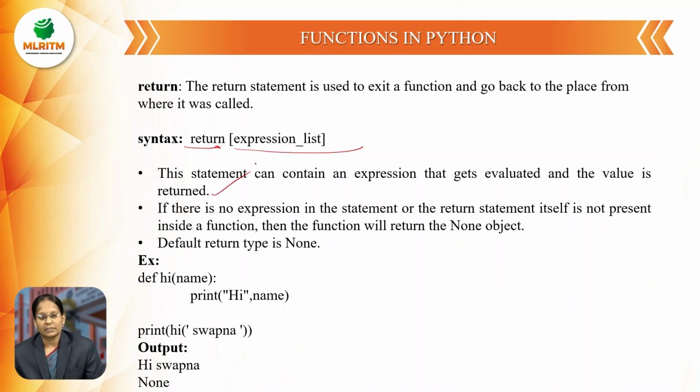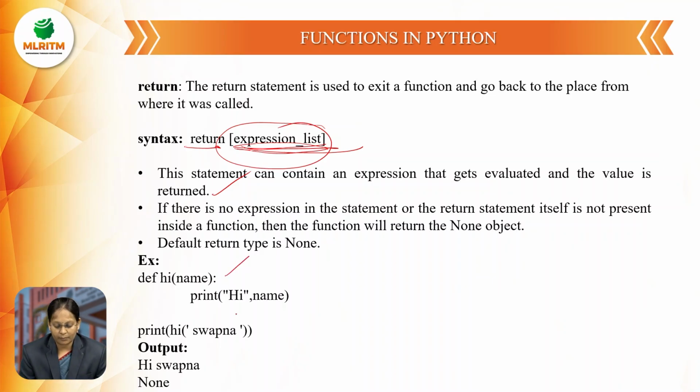If there is no expression in the statement, or the return statement itself is not present inside a function, then the function will return the None object. If the return statement contains any expressions or values, then it returns that value to the calling function. But if we are not writing any expression list, then it returns nothing. That's why the default return value is None.